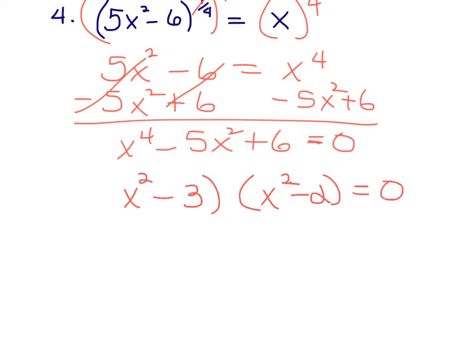The only time you're going to do that u substitution is if it's just something unmanageable and you want to make it easier to factor. If you can factor an x to the 4th power, then do it. Just split it into x squared times x squared. Because you can square root an x to the 4th. So now I set each equal to 0.